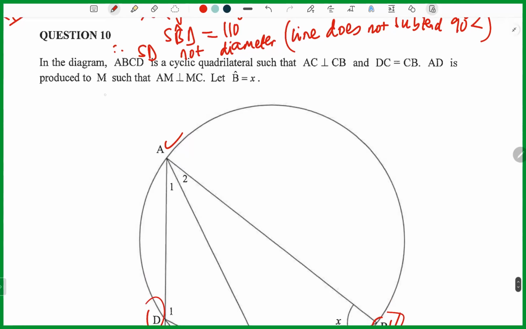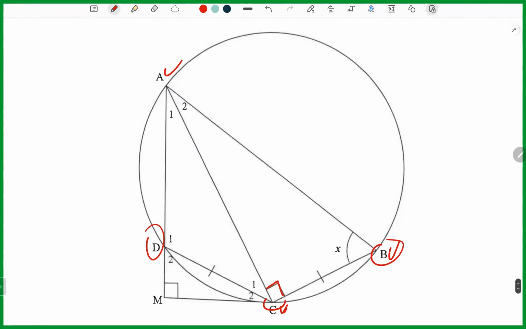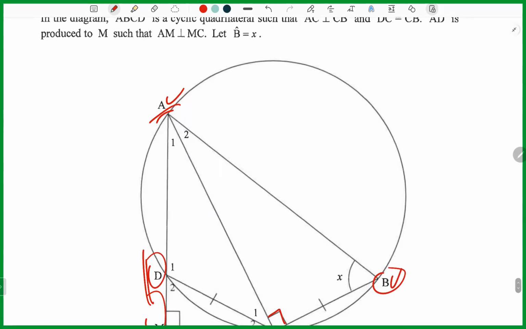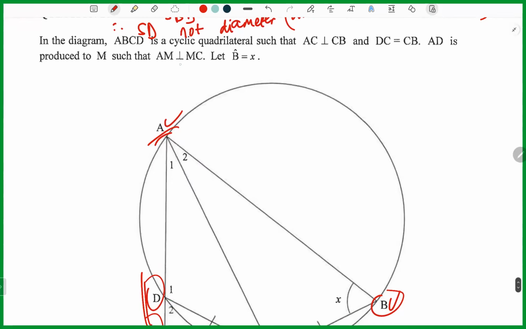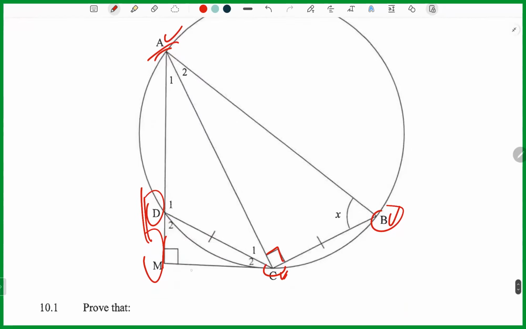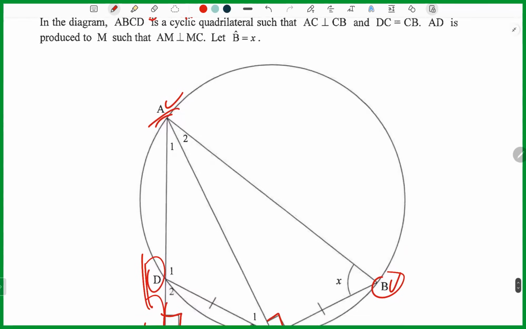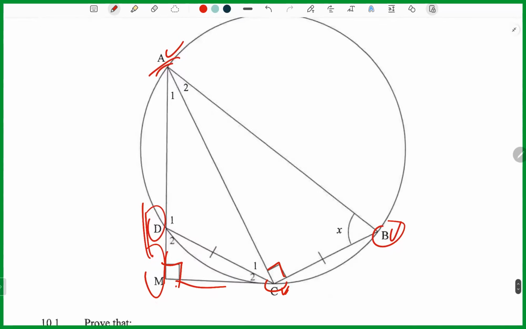AD is produced to M such that AM is perpendicular to MC. You can see the perpendicularity there. Let angle B be X.